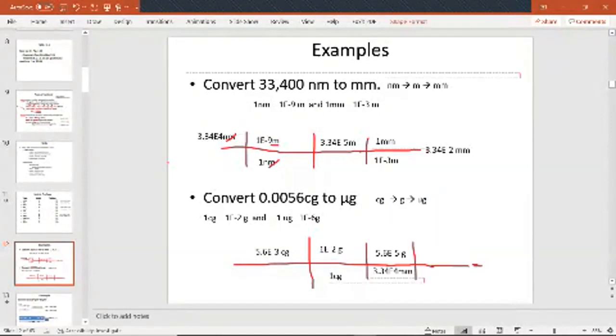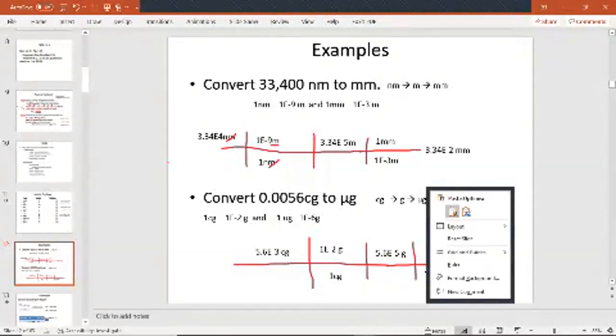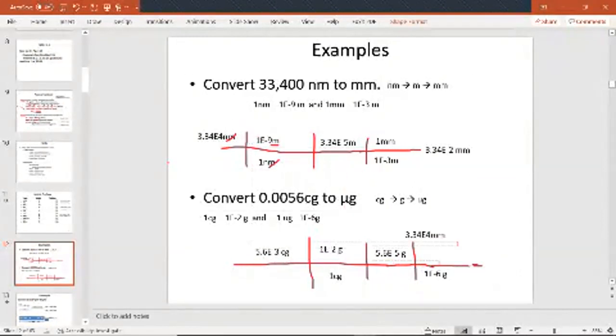And since we're starting with grams, in our gram to microgram conversion, gram goes on the bottom. And microgram goes on top. And so when we divide, we subtract exponents. So when we subtract exponents, we get 5.6, and it's negative 5 minus a negative 6, we get a power of 1.